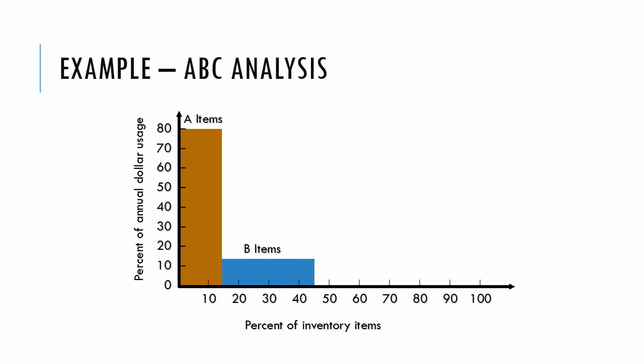Here about 15% of our inventory items make up the A items, and that's a good rough estimate for what usually happens in real life too. They take up 80% of our annual dollar volume. Then the next 30% are B items, which take up about 10 to 15%, and the remaining 5% are C items, which are the large majority of the little piddly things that we're not too concerned with.